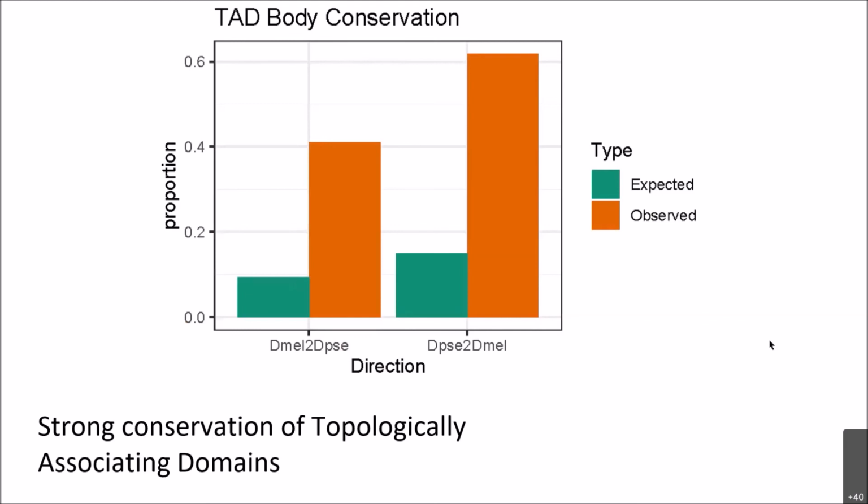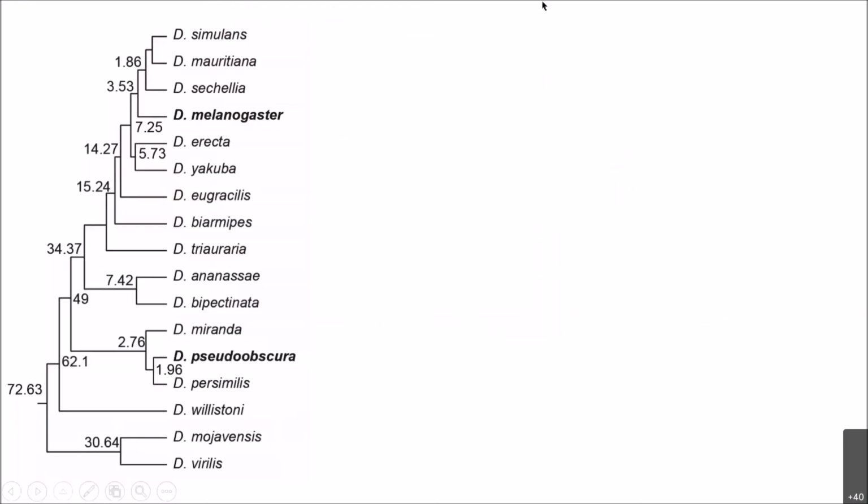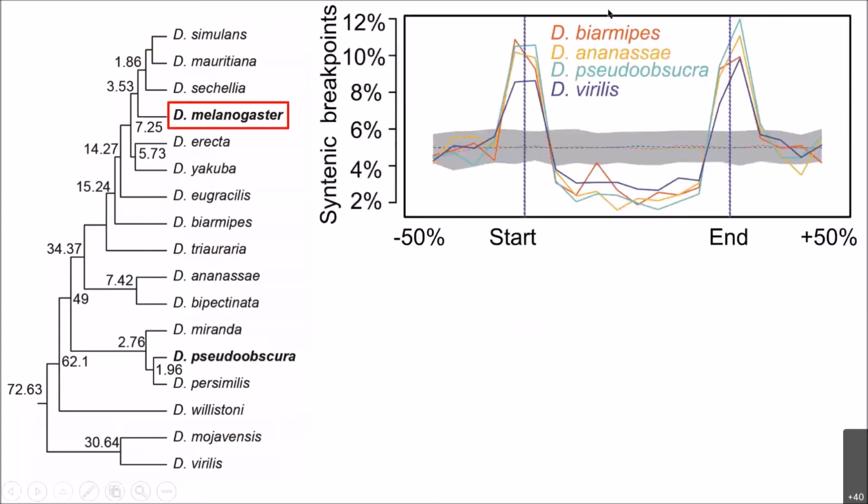So if we go on to the next slide and skip forward one more, a lot of work on TADs has been done in Drosophila melanogaster. So let's take the TADs in Drosophila melanogaster and see how well they're conserved in Drosophila pseudoobscura.